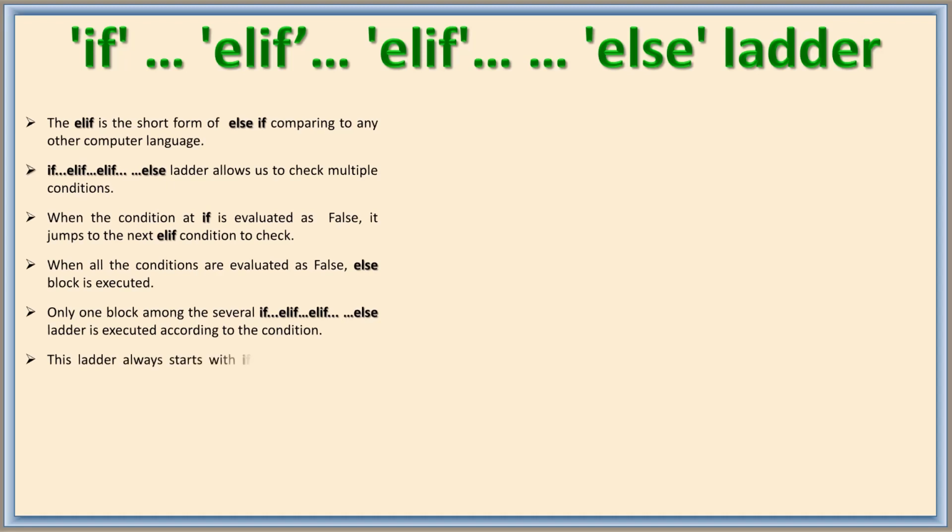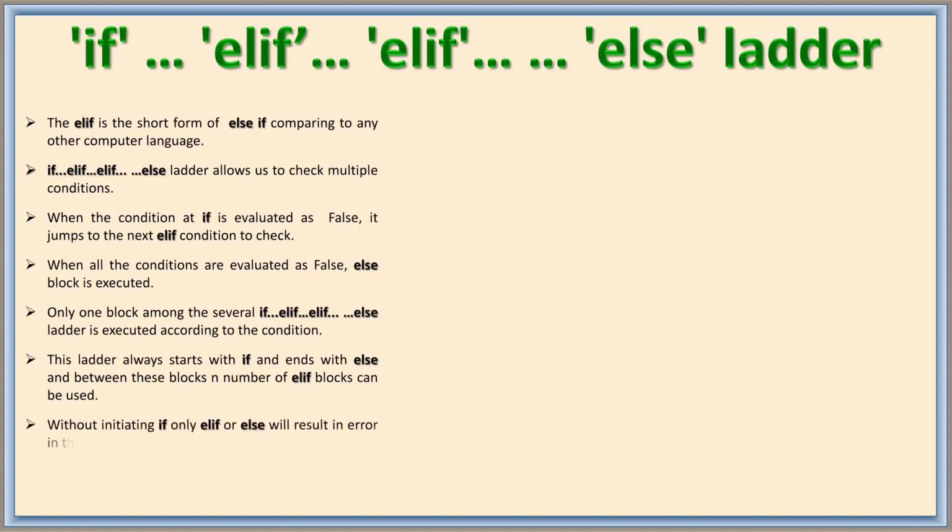This ladder always starts with if and ends with else, and between these blocks n number of elif blocks can be used. Without an initial if, only elif or else will result in an error in the programming code.